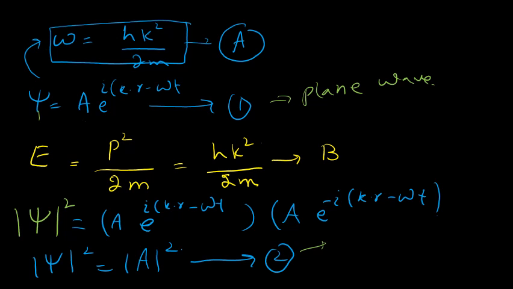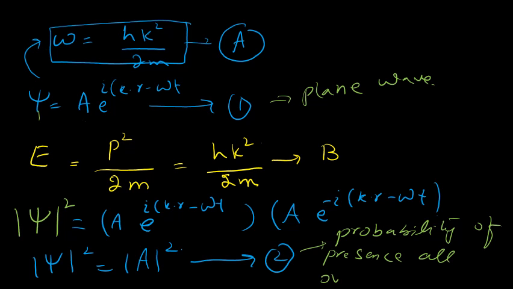This equation tells us that the probability of presence is all over the space. So this is the difficulty with the free particle, that its probability is spreading all over the space.